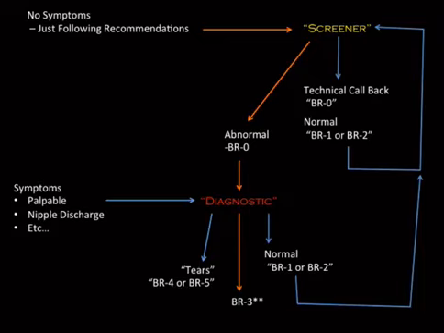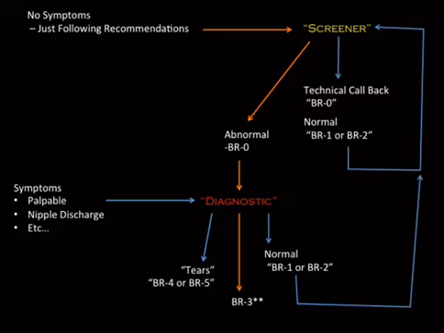Baseline exam, they've never had a mammogram before, you don't know if they're new or how long they've been there, you can BR3 that. Situations where you could not do that would be if you had a prior and they weren't there and they're now new from the prior, then you would have to BR4 them.